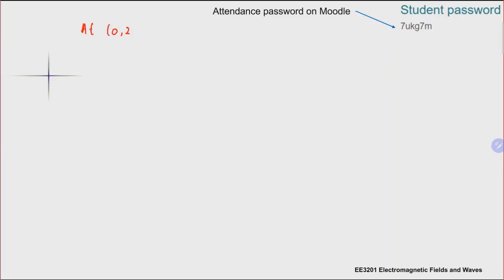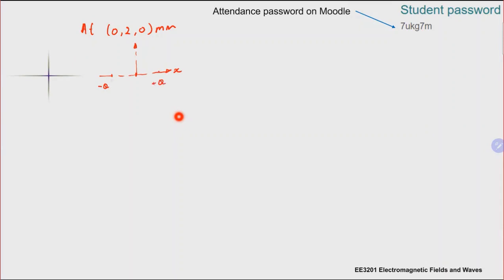Again, if we can draw it out, then we can visualize better. Okay, so we have x, this is the y-axis. So we've got one charge minus q, and one charge as plus q.